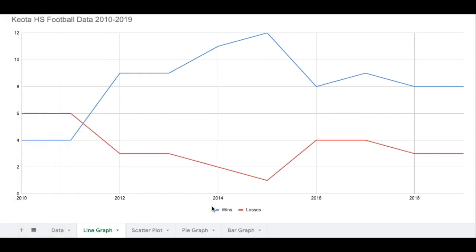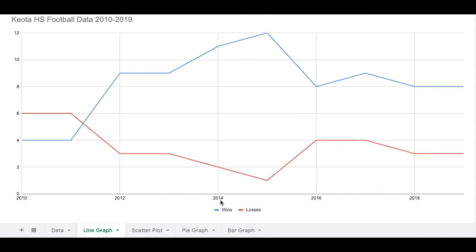Now, if you look down here, you'll see that it says wins and losses. So the blue line represents wins. The red line represents losses. This right here is called a legend. A legend basically lets you know the information about the graph.